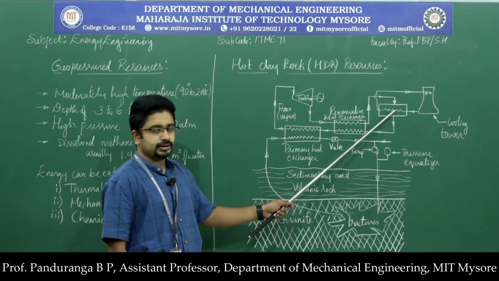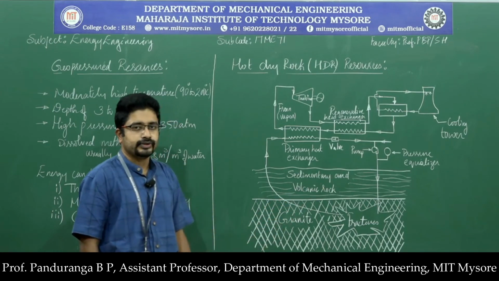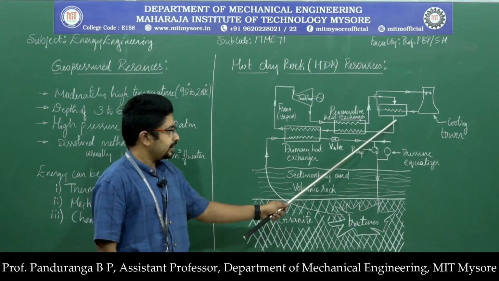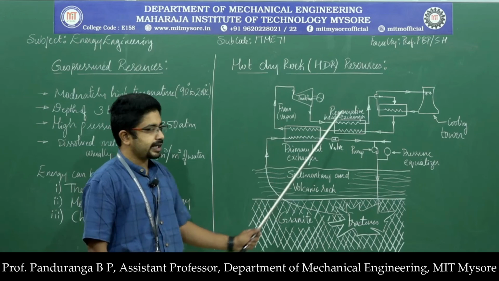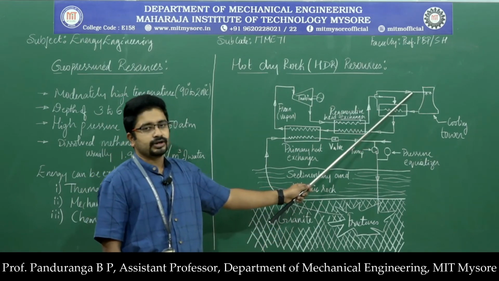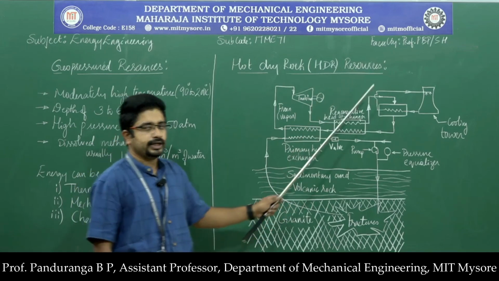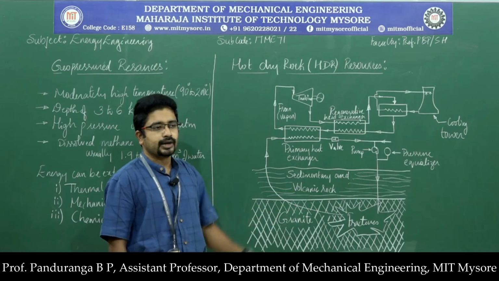At the same time, the Freon condenses and gets collected at the bottom of the condenser. From there, a pump circulates Freon in the secondary circuit. And once the cooling water gets warmer, we need to cool it back to the original temperature. For that we are using a cooling tower.